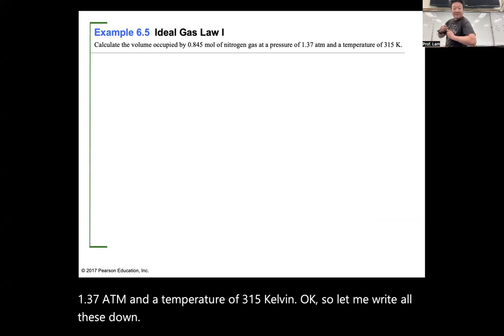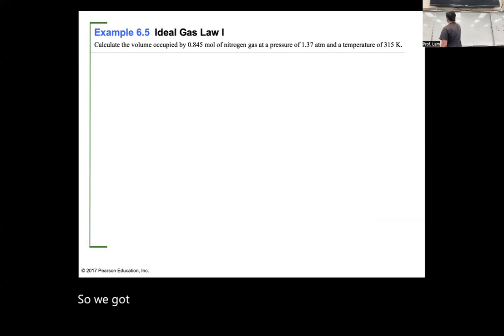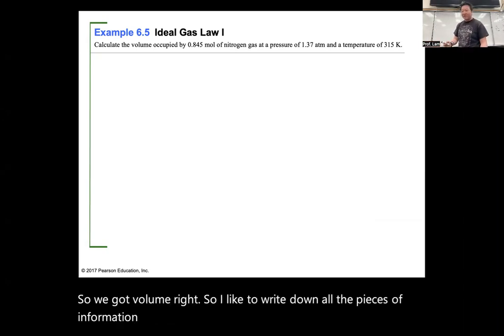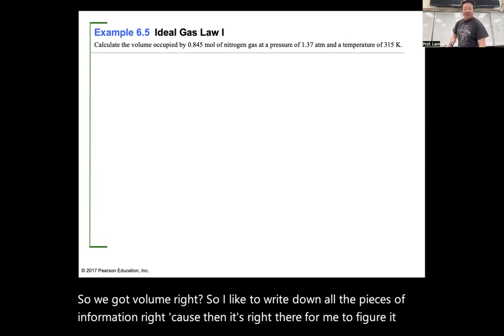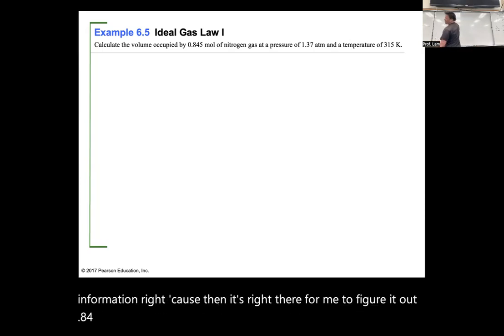I like to write down all the pieces of information, right? Because then it's right there for me to figure it out. So we calculate the volume, so we don't know the volume.